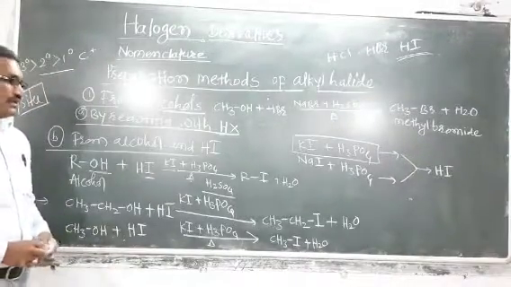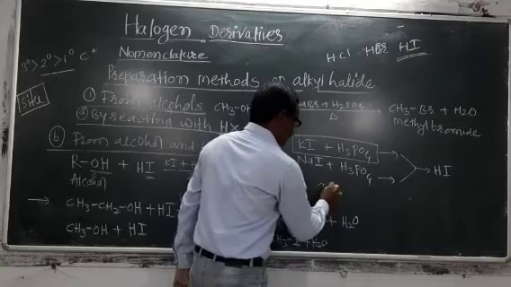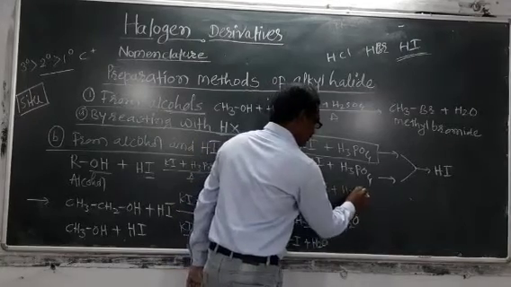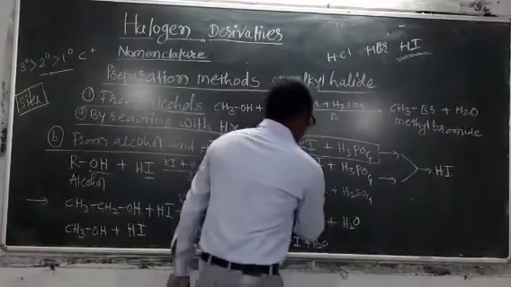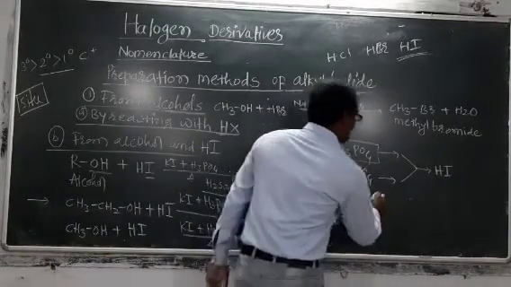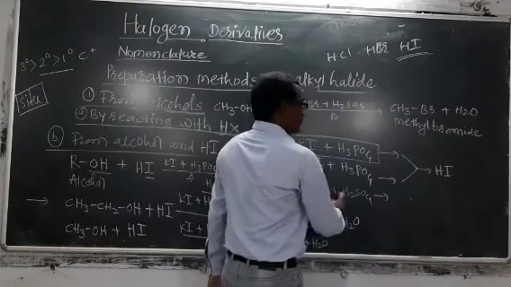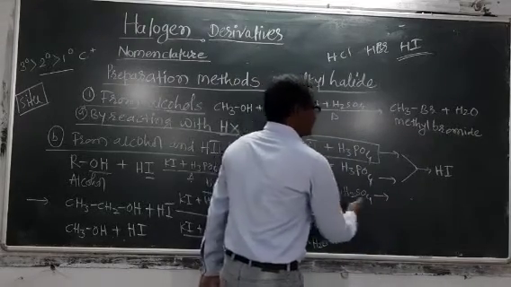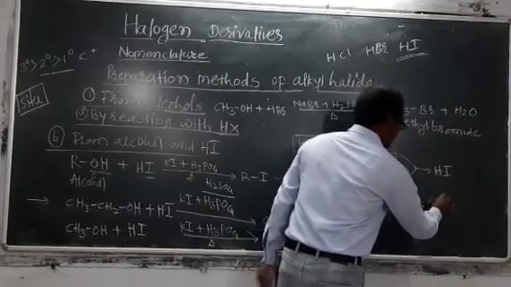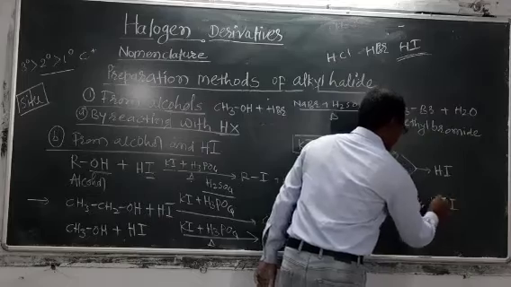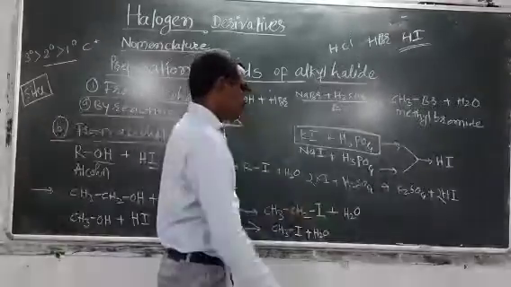What happens here? Look toward the board. When potassium iodide KI is reacted with H2SO4, what will be the reaction? 2KI plus H2SO4 gives K2SO4 plus 2HI.